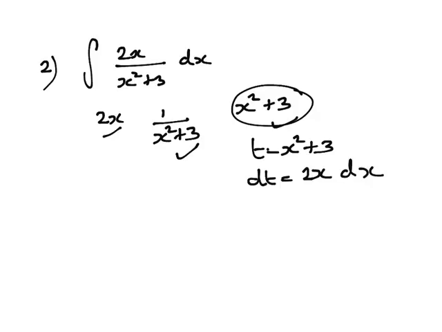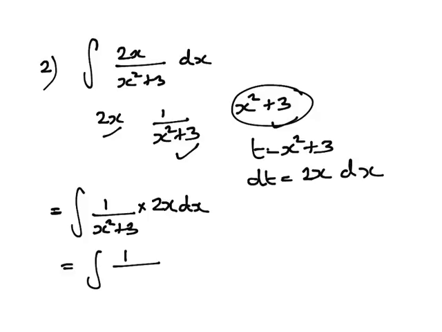So I can rewrite the given integral as 1 by x squared plus 3 multiplied with 2x dx. I can substitute now: 1 by x squared plus 3 as t, and 2x dx as dt.